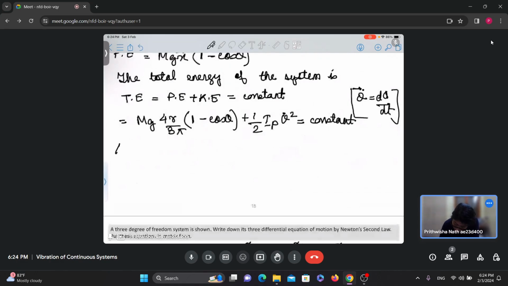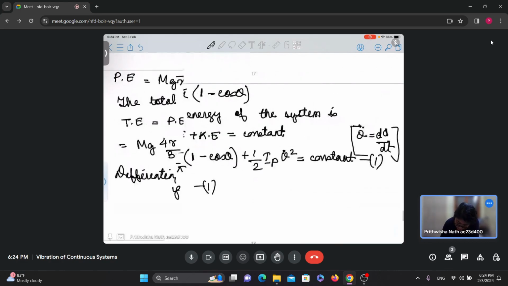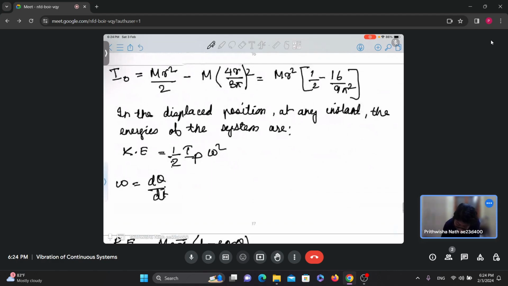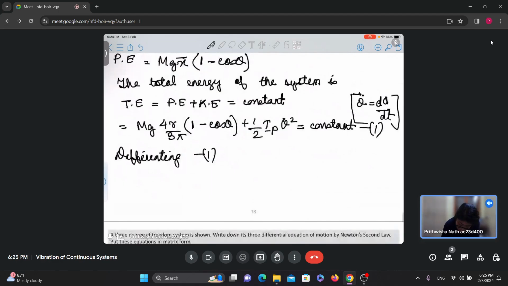Differentiating with respect to time. So how can I write this term?